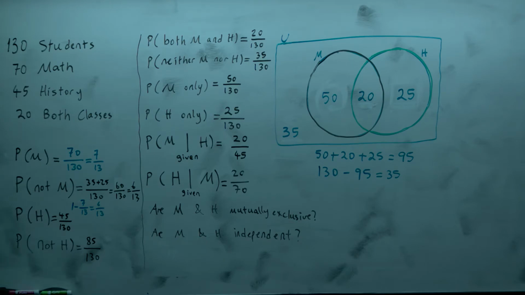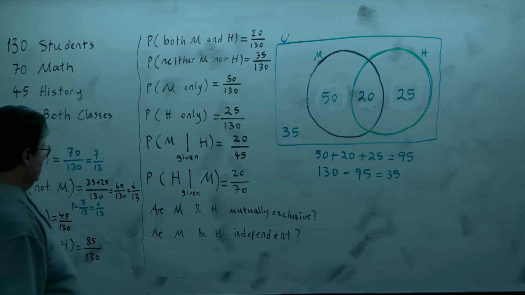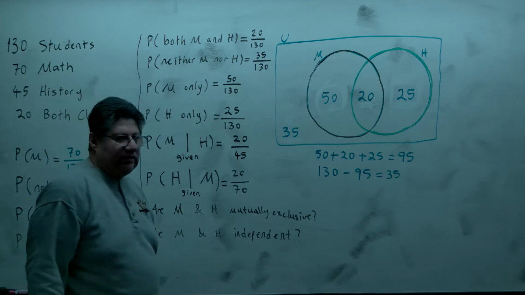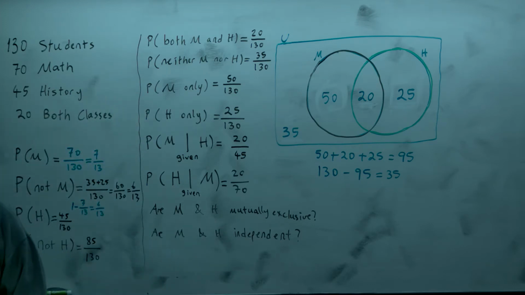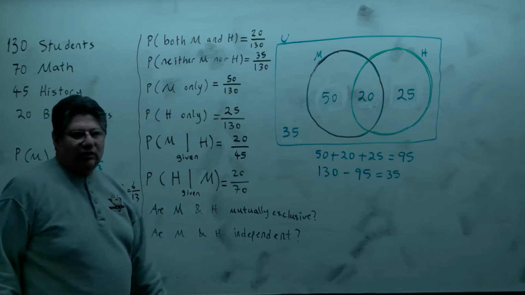Now, the next question is, are the events of taking math and taking history mutually exclusive? In order to answer this, we need to ask ourselves, can these two events happen at the same time? In other words, are there students who are taking math and history at the same time? The answer is yes. Since the answer is yes, are these two events mutually exclusive?